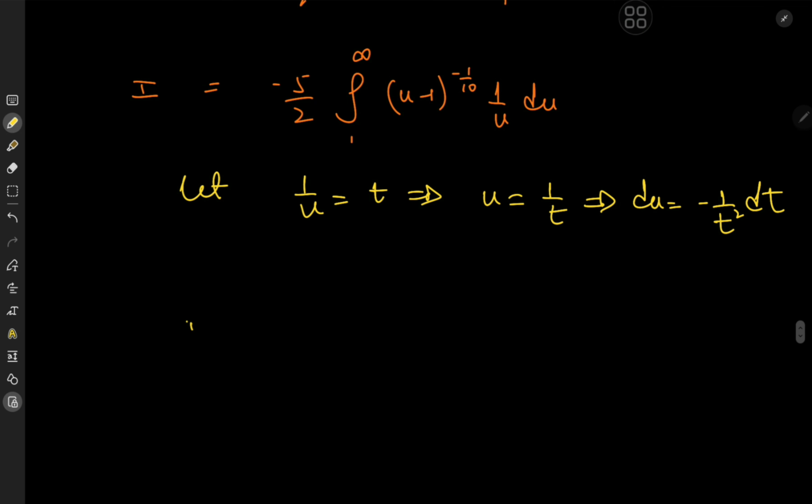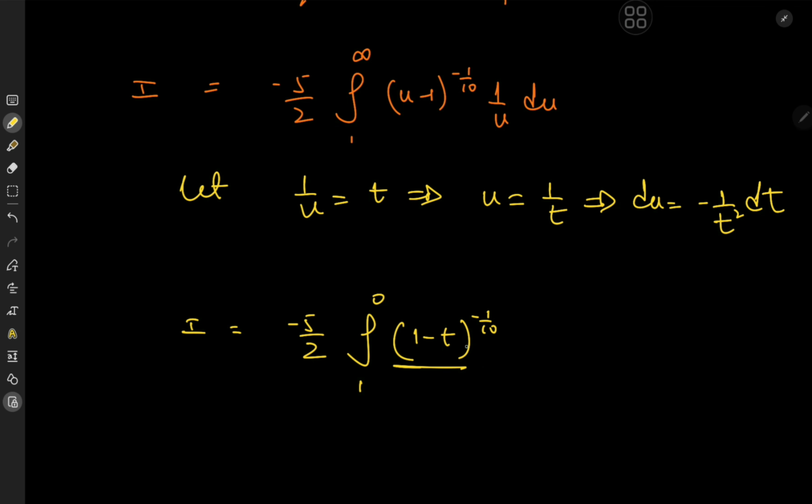What about the limits of integration? Well, as u approaches 1, so does t. But as u approaches infinity, we get t approaching 0. And we have 1 over t minus 1, which translates to 1 minus t over t. The whole thing is being raised to negative 1 over 10, so that's exactly what we have.